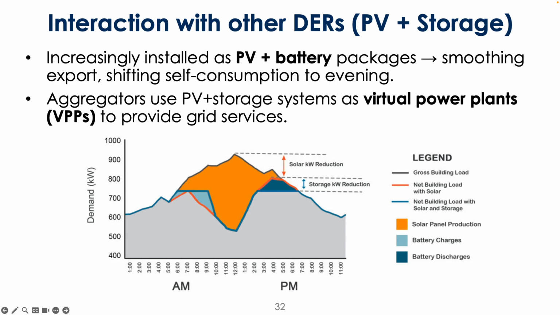This can help smooth exports so that you're actually exporting power back into the grid at the right times, and also promoting self-consumption, right? So you could store electricity in the battery and then use it and consume it during the evenings. Again, heavily incentivized in NEM 3.0, right? Because your payouts for exports are a lot lower.